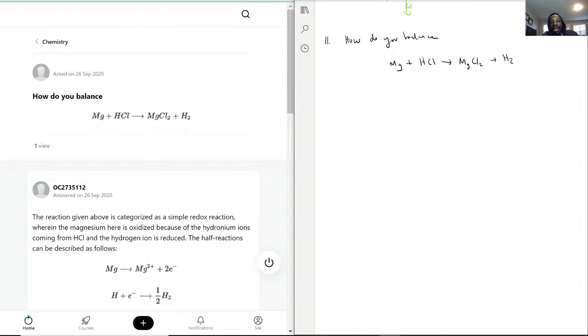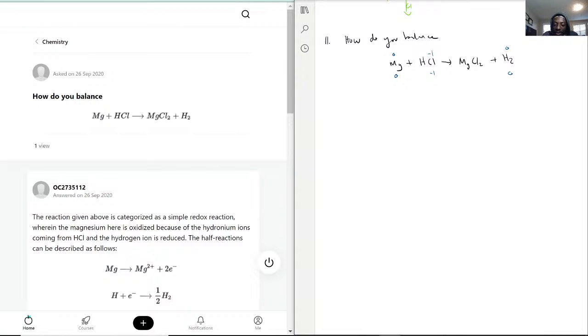Why? Because when you assign oxidation numbers to each of these molecules and elements, you will see that magnesium... For oxidation numbers, you kind of have to memorize how to do it. For elements, it's always 0, so same with the hydrogen over here. When you come to molecules, halogens are typically -1, and there's only one of them.